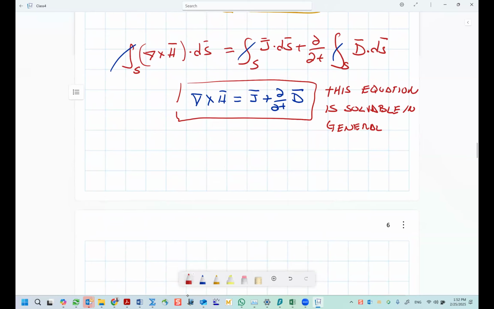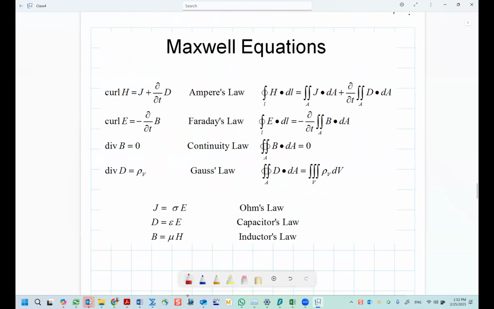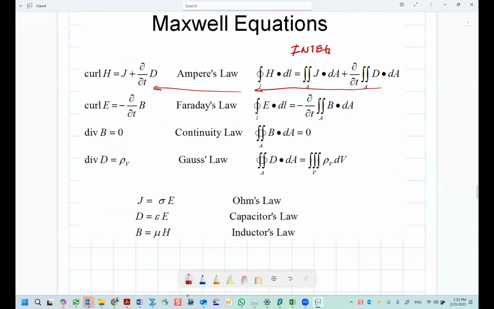Okay. So I had another page here. And this is a conclusion that I can come from the integral equation, this is the integral form, to the derivative form of Maxwell equations, here using Stokes in both of the ones above.